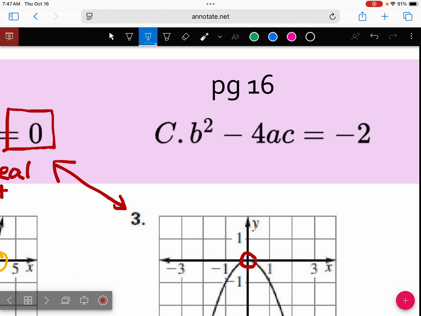So then, doing the same thing, I can look at C up here. And I can say, all right, my discriminant, positive, negative, or 0? Is that one positive, negative, or 0, for C?